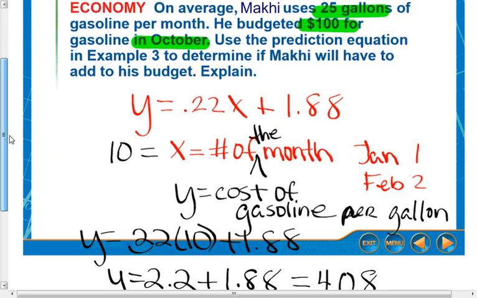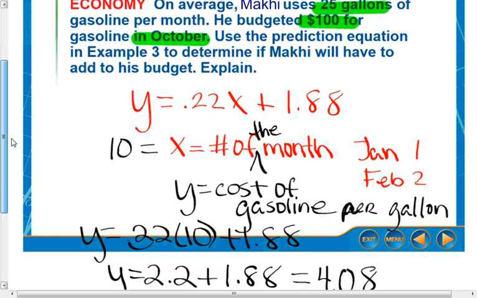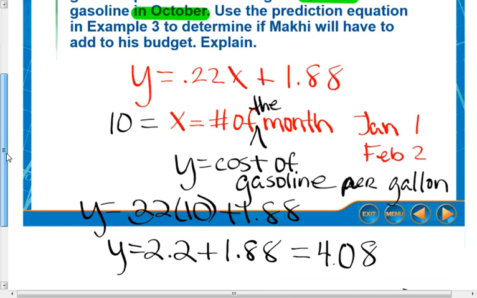And make sure we answer the question fully. Will he have enough? Determine if he will have to add to his budget. Absolutely.